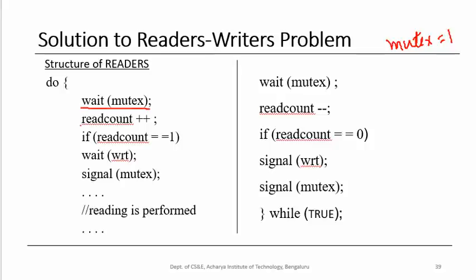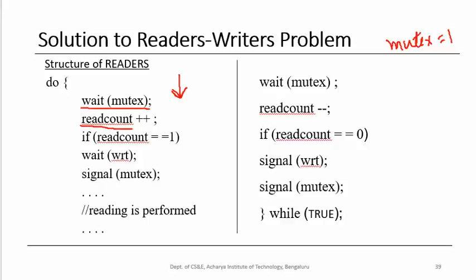This read count is another shared variable which is incremented by the reader process every time a reader reads the database. Initially the read count will be equal to 0. Assume that now we are seeing the first reader entering into the critical section. What is a critical section? Critical section is accessing the database and reading it.